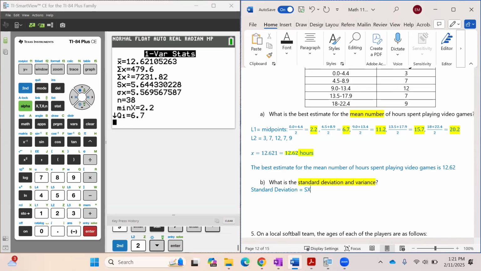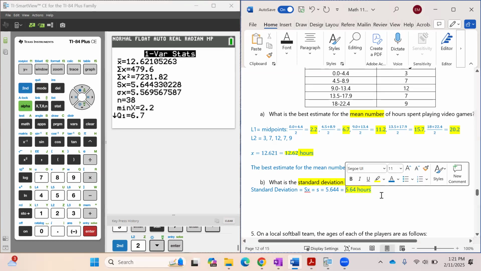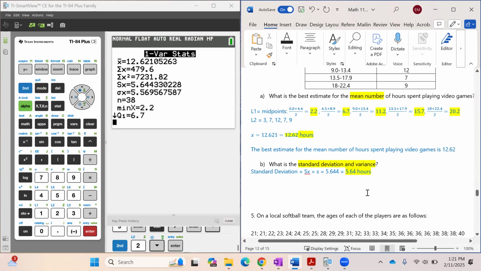So it's Sx, but we kind of just write S. And what that equals is 5.644. And remember that we're going to round to two decimal places. So it should just be 5.64. And that's the answer. I'll say hours as well. Okay, so that's the standard deviation.